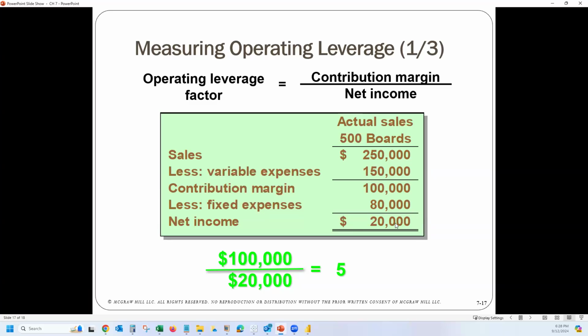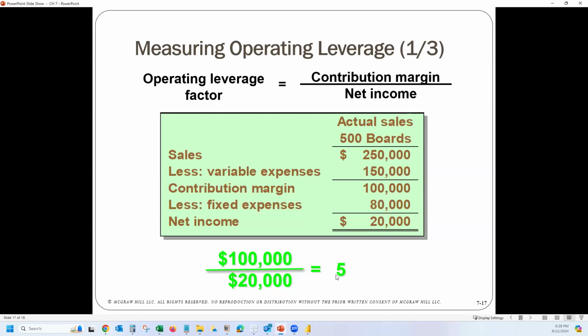So to calculate your operating leverage, it is your contribution margin divided by your net income. Okay, so in this case, your contribution margin, which is $500, is 5 times the net income. That is important.